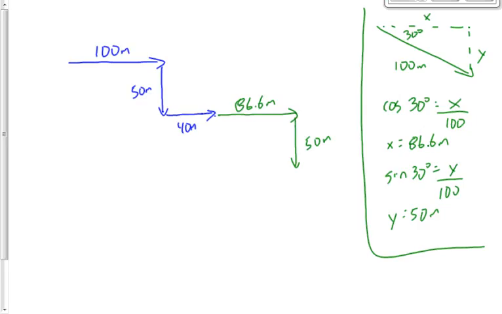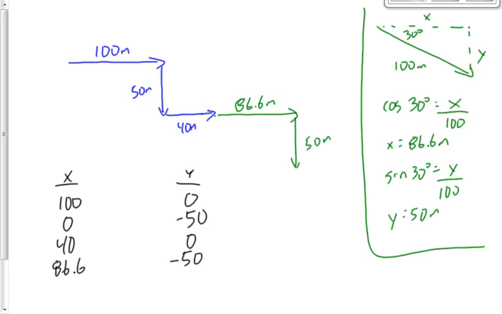All right, what's next? X's and Y's, right? 100 and 0, 0 and negative 50, 40 and 0. What's next? 86.6 and negative 50. See that?